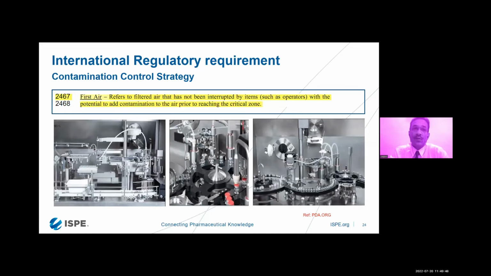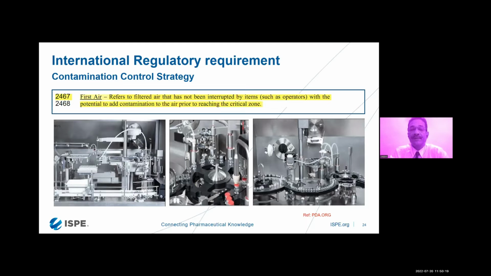Nowadays we are also measuring the velocity at the working height as per the cGMP, and we are saying that it should not be less than 0.36 meter per second to 0.45 meter per second. So we are measuring not only at the grill level, 6 inches from the grill, that is from the HEPA filters, but we are also measuring at the critical working height where the product is exposed.